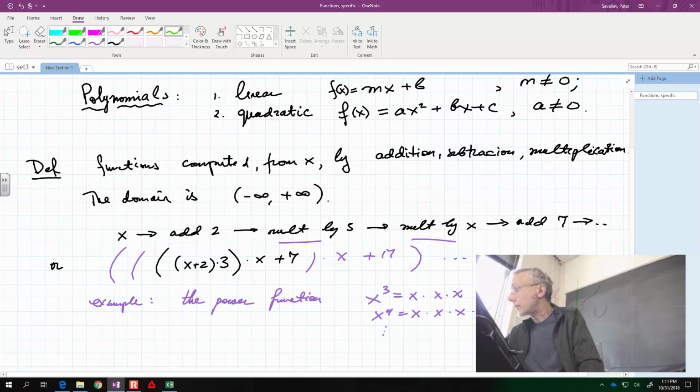If you zoom out on the graph of a polynomial, you will see either one or the other picture. The difficulty we have to deal with is what happens if we zoom in. If we zoom in, then in the middle the behavior might be like this.